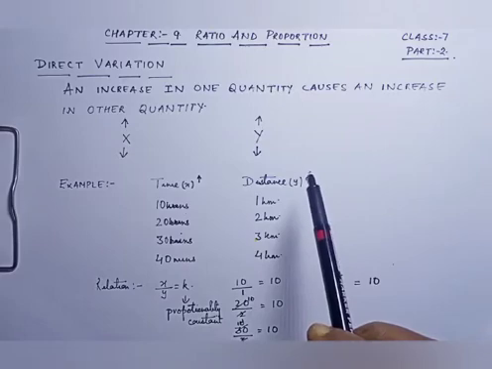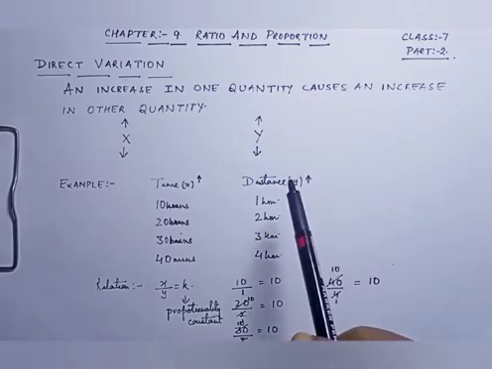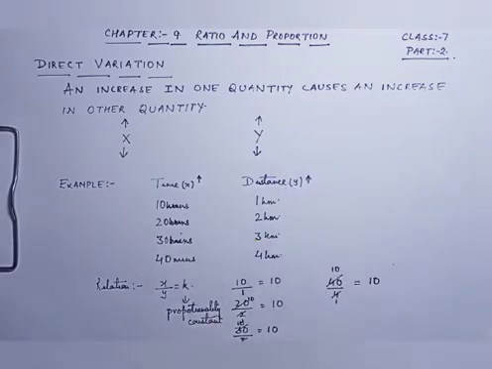Now let us see a relationship between x and y. So x upon y is equal to k, where k is called a proportionality constant.